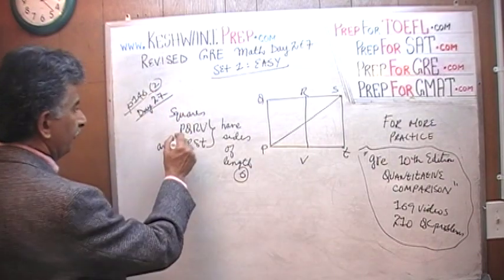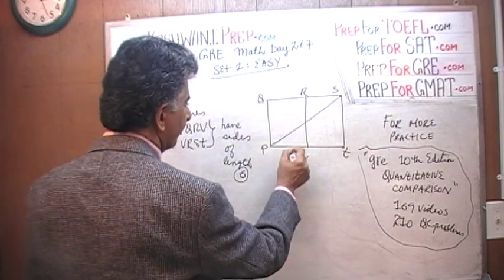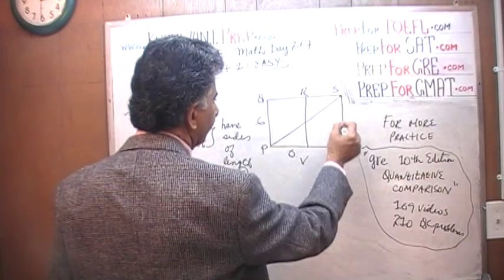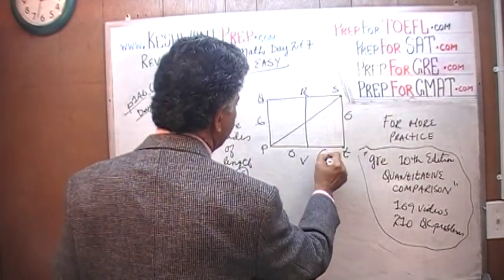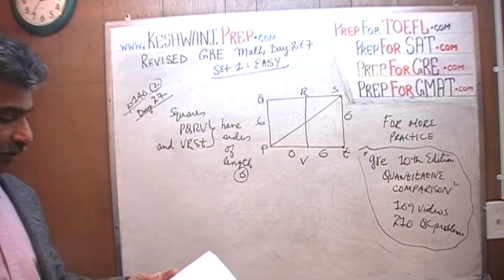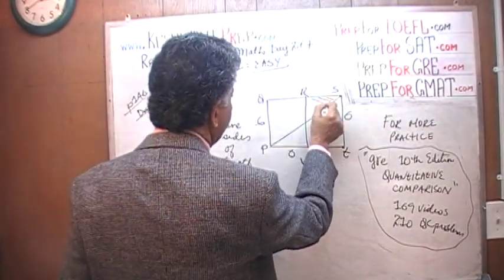So here's the first square P, Q, R, V. This has a side of 6. And V, R, S, T. That has a side of 6. And the question simply is, the area of the shaded region, how does it compare with 36? Here's the shaded region they're showing us.